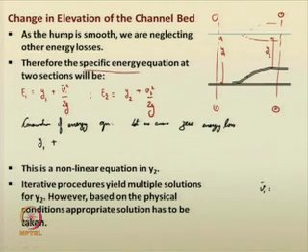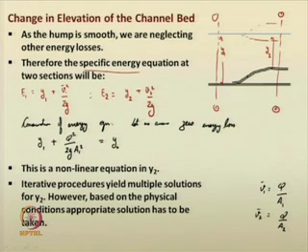The average velocity v1 is the discharge divided by A1. Similarly, v2 is equal to Q by A2. So, we can write y1 plus Q squared by 2g A1 squared equal to y2 plus Q squared by 2g A2 squared.